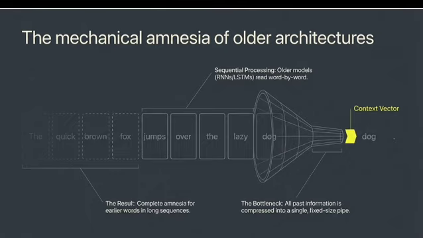And the other point is that all the past information is compressed into a single fixed-size pipe. So there are limitations to this type of model. It tries to go over each and every word, and there is no contextual understanding, like making the whole corpus into a particular global context. There's no such feature within the old architectures, which takes a lot of computational resources and can forget the previous context within long sequences.